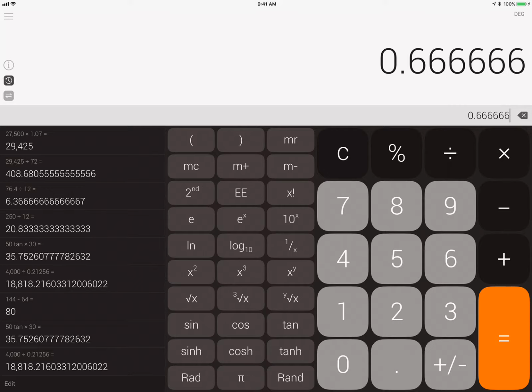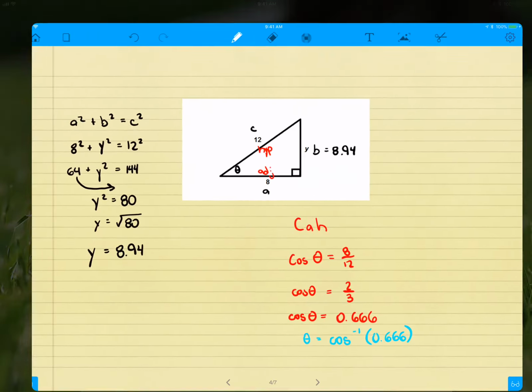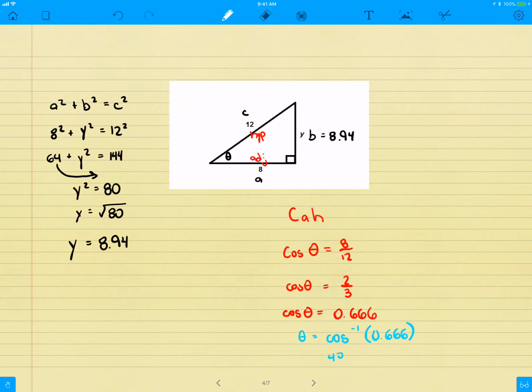That is not the same as the negative 1 key. So I have to hit the second key and then the cosine negative 1. And it's telling me 48.1 on the screen. That is the actual angle that was involved here. So this angle on my picture is 48.1 degrees, that angle right here, 48.1 degrees.